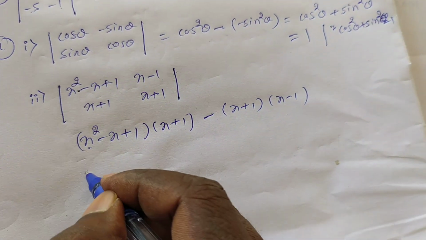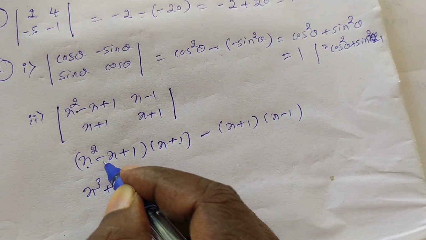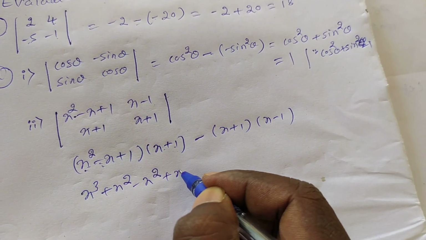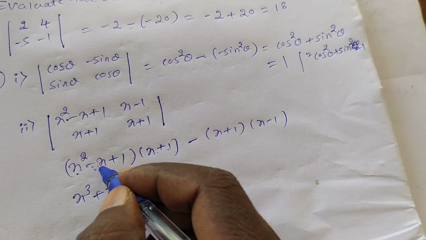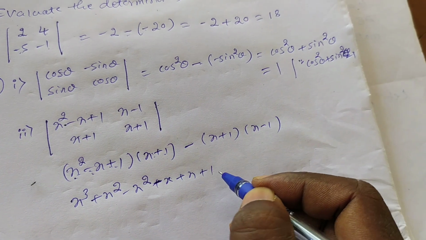Here x square into x cube, x square into plus 1, x square, minus x into plus x, minus x square, minus x into plus 1, minus x, plus 1 into x plus x plus 1 into plus 1 plus 1.